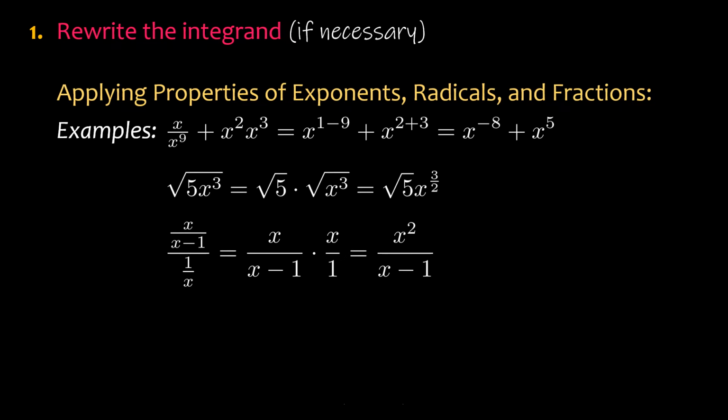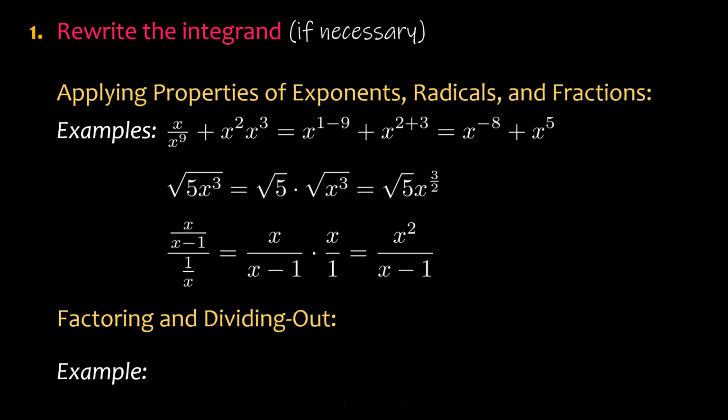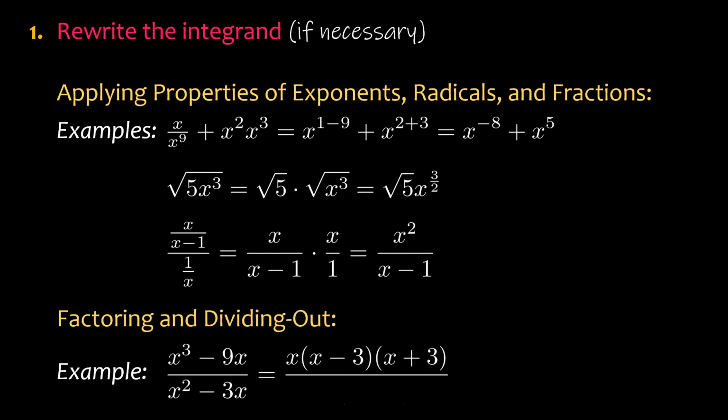Factoring and dividing out. Example: if possible, factor the numerator and denominator completely, and then divide out the common factors between the numerator and the denominator.